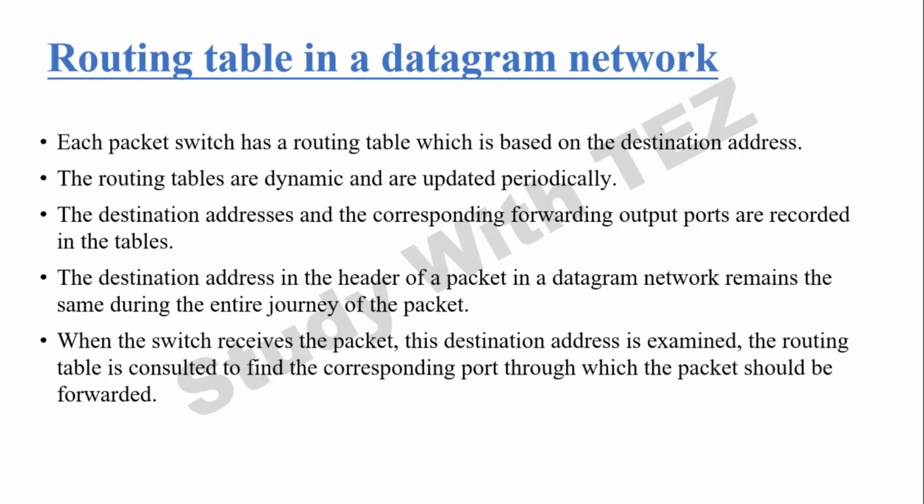The destination address in the header of the packet in a datagram network remains the same during the entire journey of the packet. When the switch receives the packet, the destination address is examined and the routing table is looked into to find the corresponding port through which the data can be forwarded.